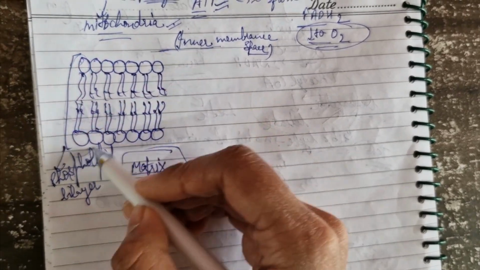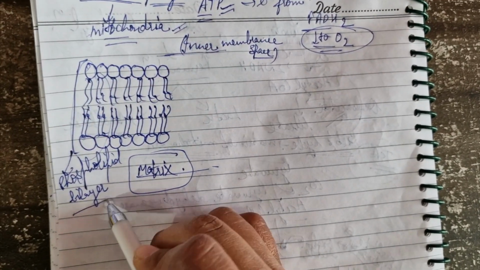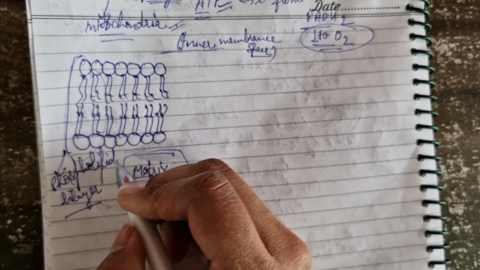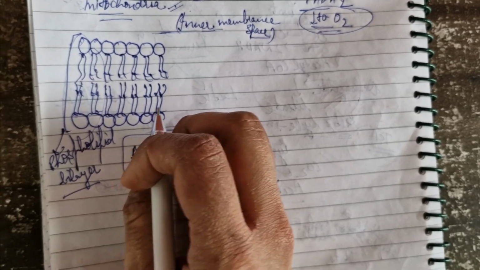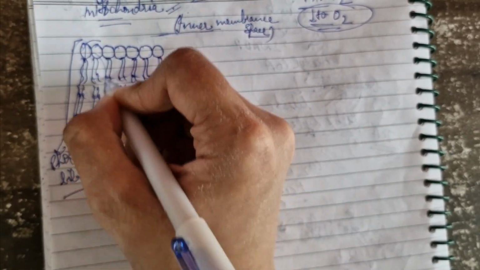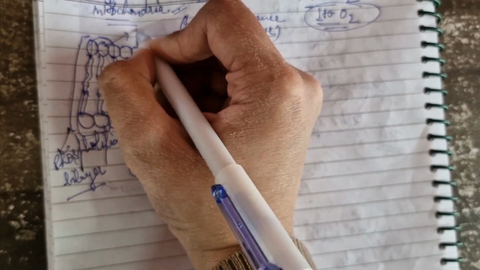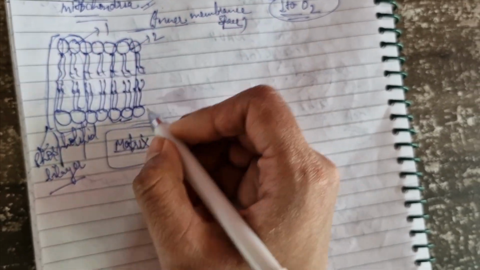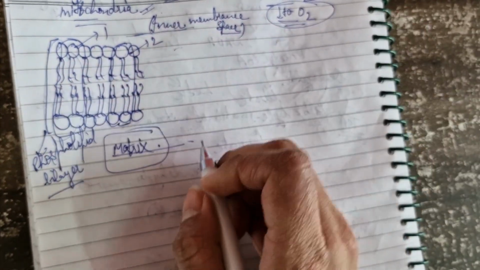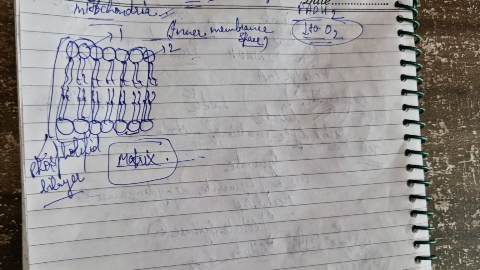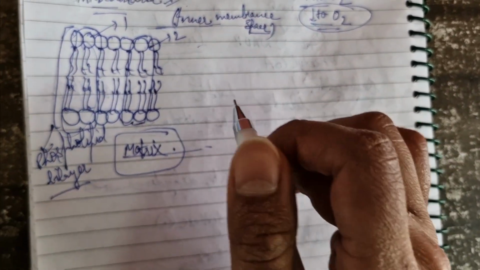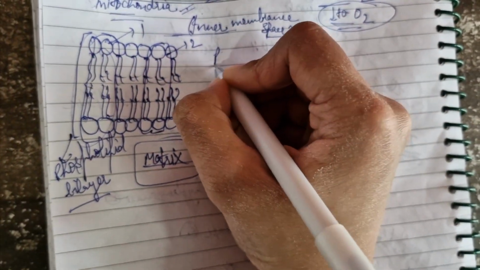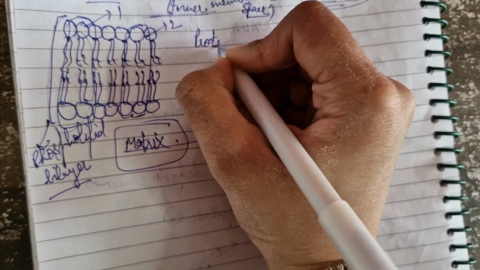Now this phospholipid bilayer comprises various protein complexes, that is, we can represent it with protein complex 1, protein complex 2, 3 and so on. Here we will discuss 5 protein complexes in detail.